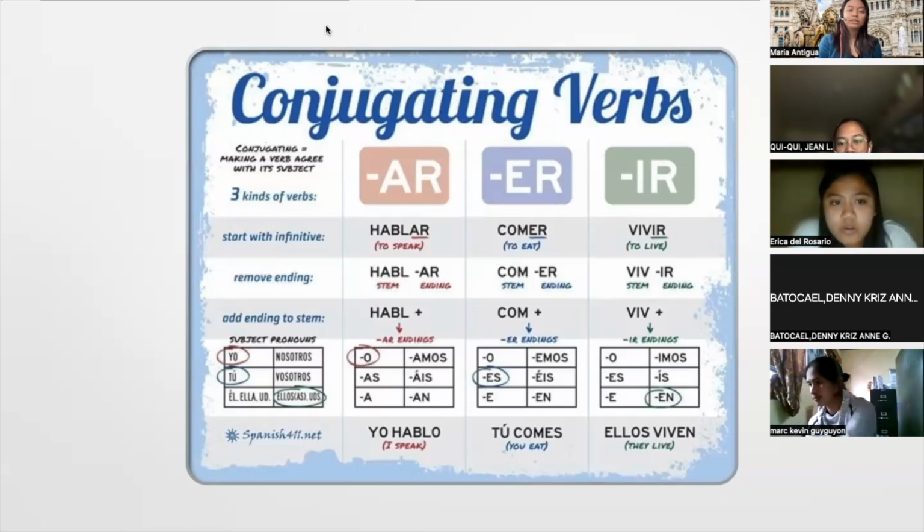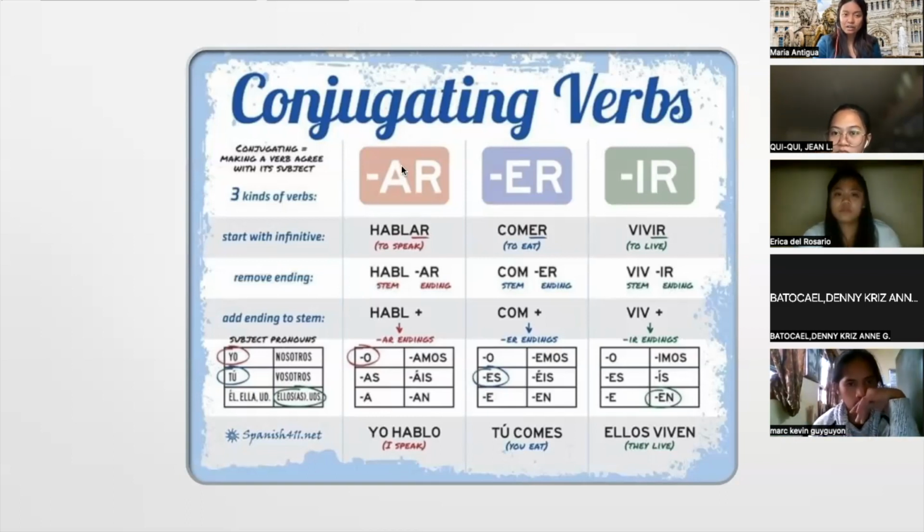So remember, there are 3 kinds of verbs in Spanish. Verbs that end in AR, ER, and IR. Eto na. Ano ba example? First, punta tayo sa AR. Hablar. When we say it ends with AR and you say hablar, this is now the infinitive form. Okay?